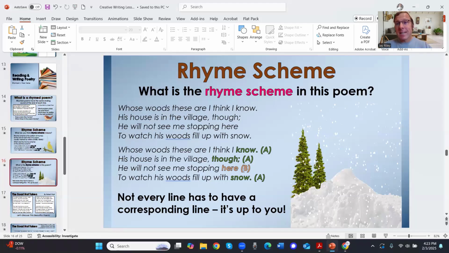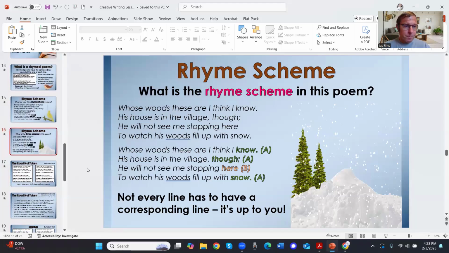So I'm going to give it the next letter, B. Then when I go to the subsequent line, I see snow. Sounds just like know and know, so I'm going to give it an A. If the last sound was something that rhymed with here, perhaps fear, then I would give it a B.